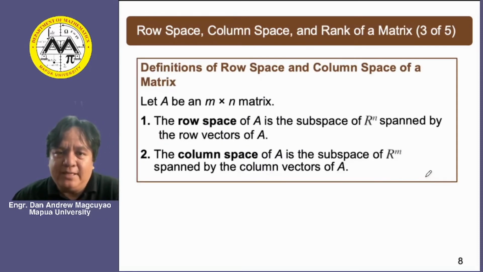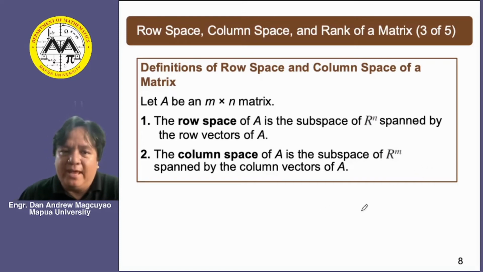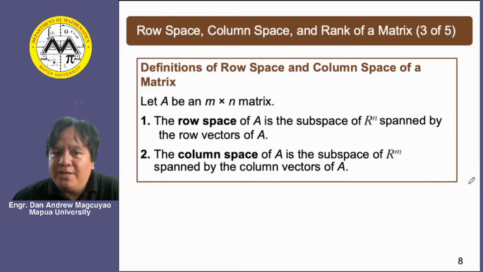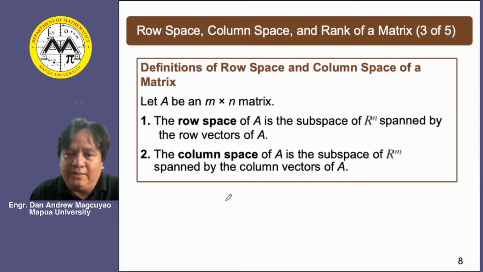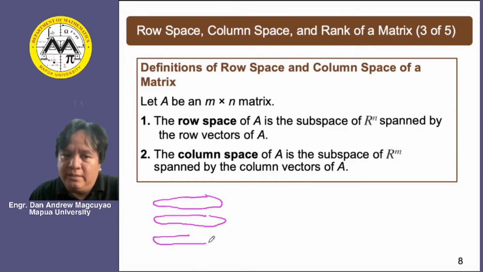Definition of row space and column space of a matrix. Let A be an m by n matrix. The row space of A is the subspace of R raised to n spanned by the row vectors of A. So your vectors would be row 1, row 2, row 3, and so on.